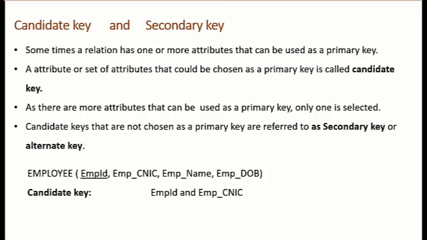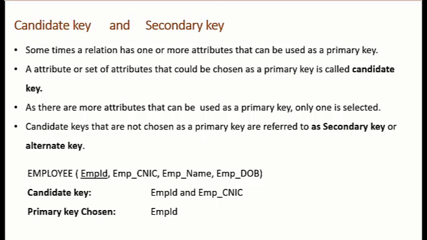In this example, in the employees relation, there are employee ID, employee CNIC, employee name, and employee date of birth. Only two attributes can uniquely identify a row, while the other attributes cannot. The candidate keys in this relation are employee ID and employee CNIC. The chosen primary key is employee ID.